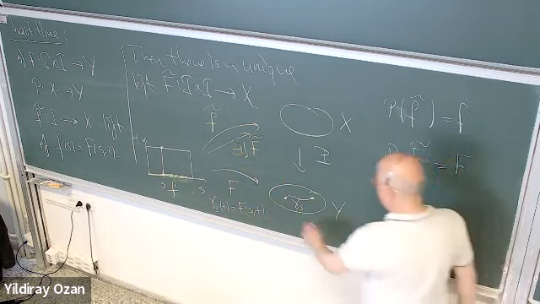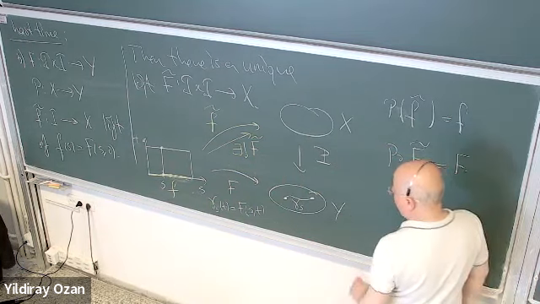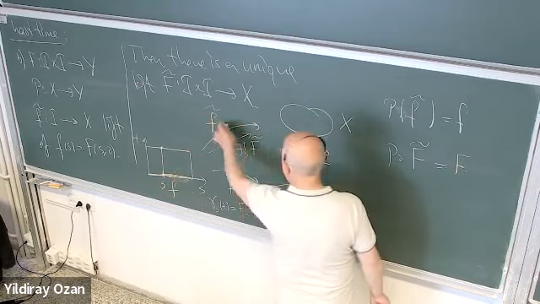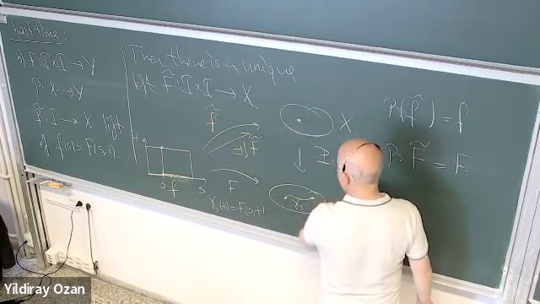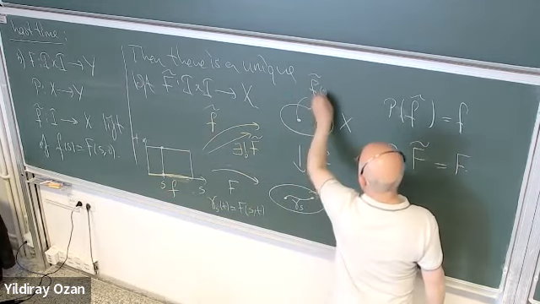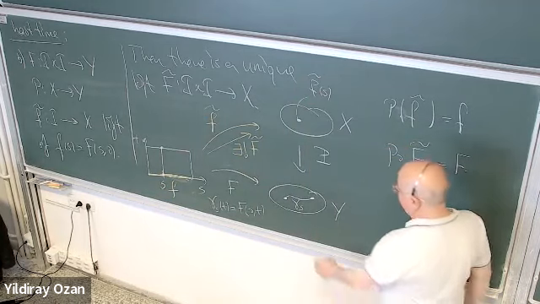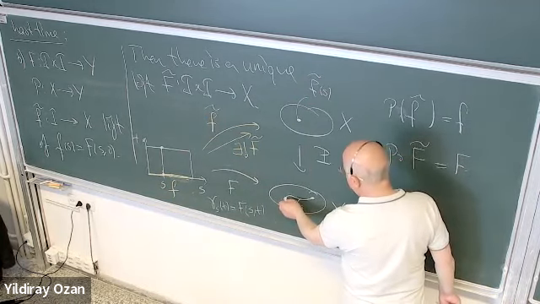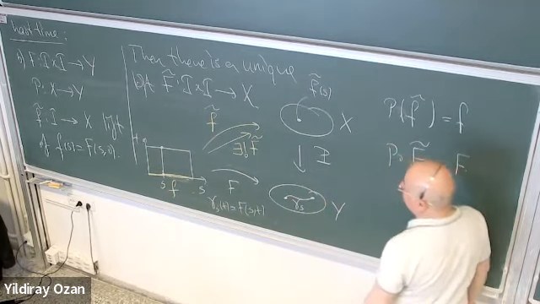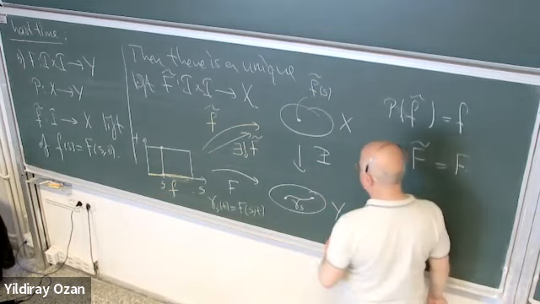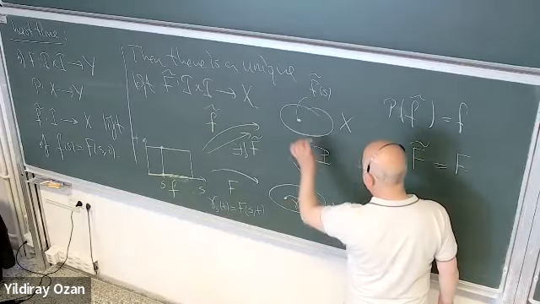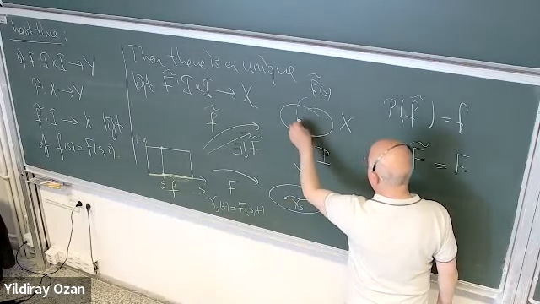So I have a lift. But on the other hand, I know that this point is mapped via F tilde to a point here. So what is this point? This point is just f tilde of s. It is a lift of this point. And then by part A, which we proved last week, we know that this path has a unique lift starting at this point.